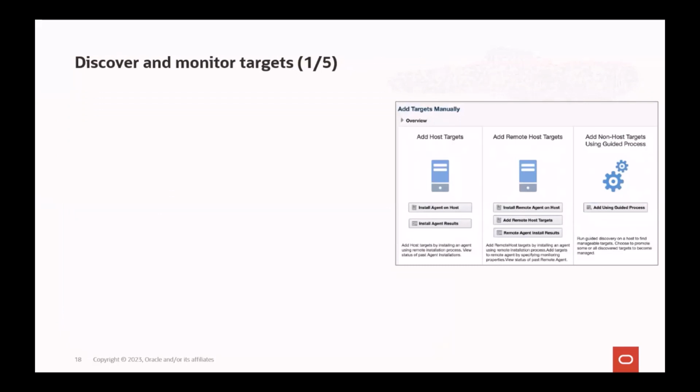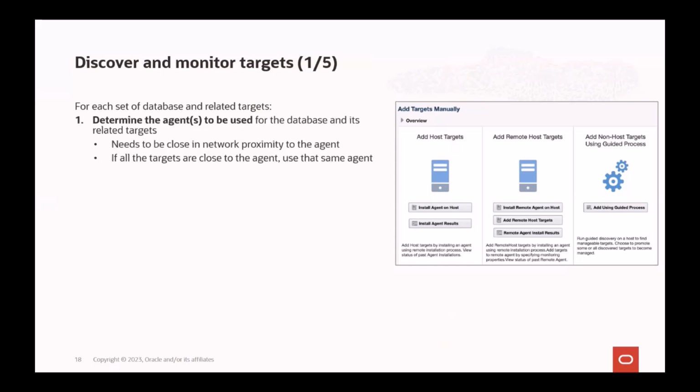Here are the general steps for discovery. We assume at this point that your next-gen agents have been deployed using the process outlined by Sumesh. To discover and monitor the database and its related targets, first determine the agents that will be used to monitor these targets.